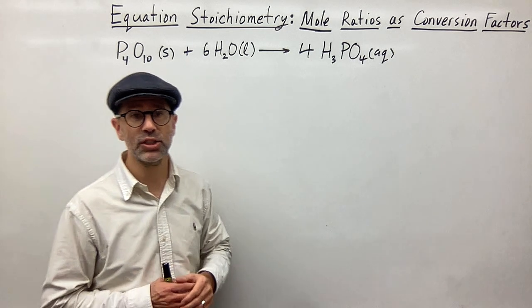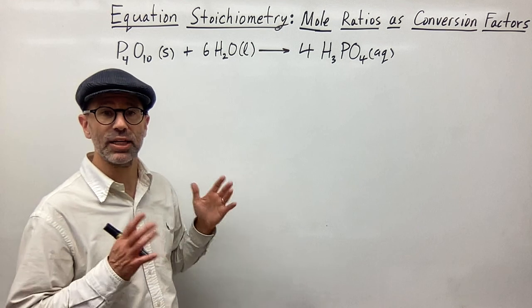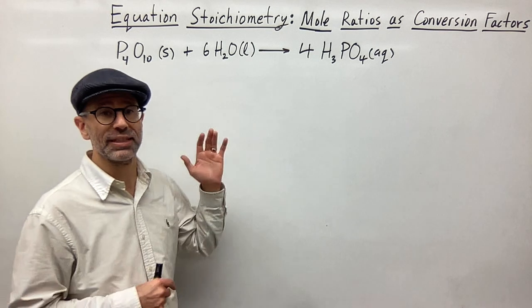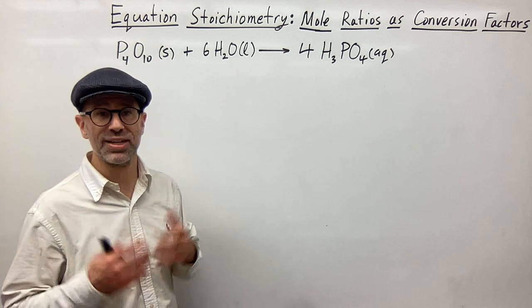Any of those questions require that you convert from one substance to the other, and we need a mole ratio. Remember, whenever you're converting from one substance to a completely different substance, you have to use a mole ratio at some point.